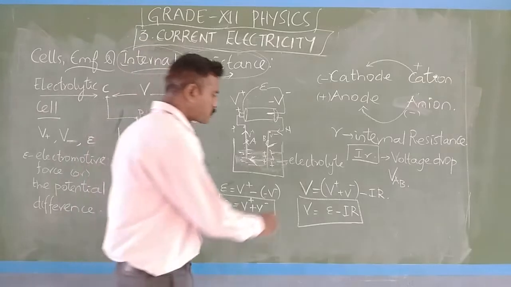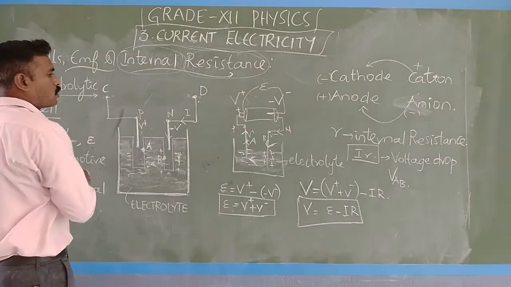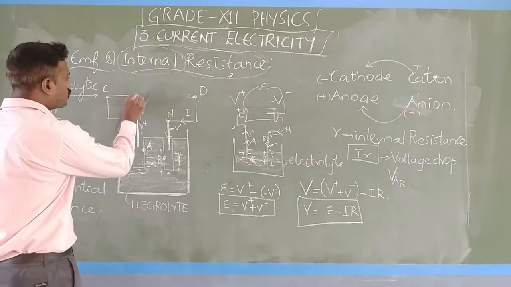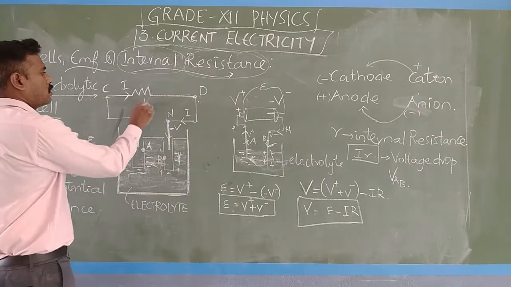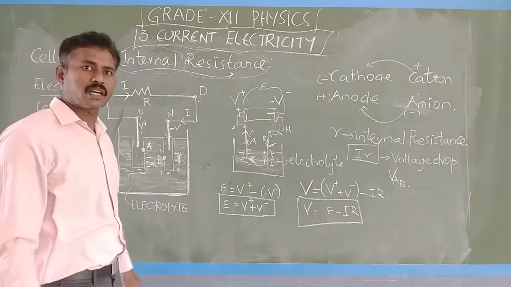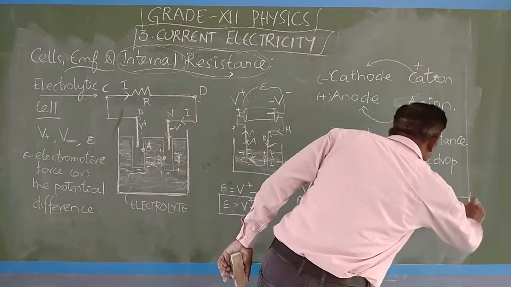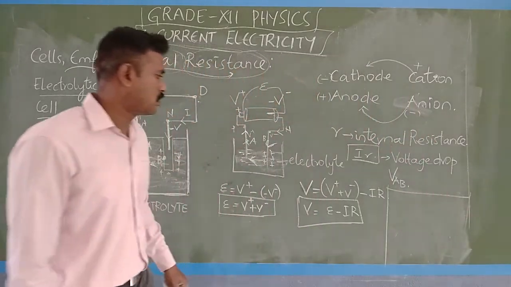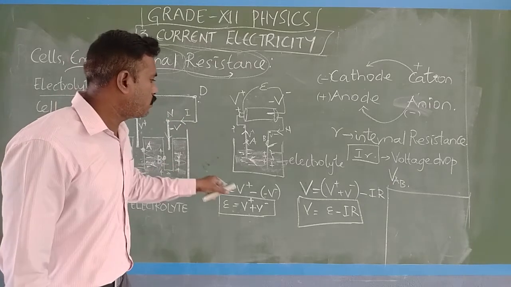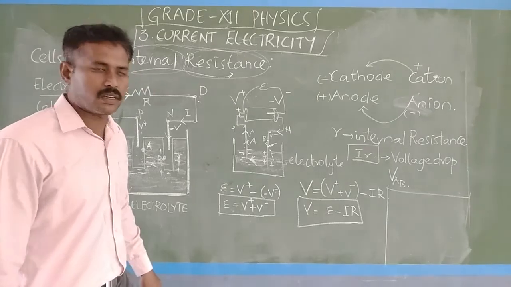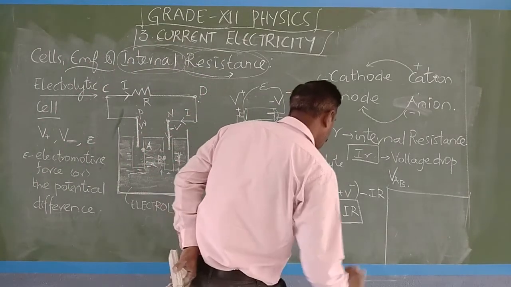Now, when you connect a resistance here, what happens? The current will flow here. If I connect a resistance here, the current will flow in this resistor. So now V is equal to E minus Ir (equation 1).